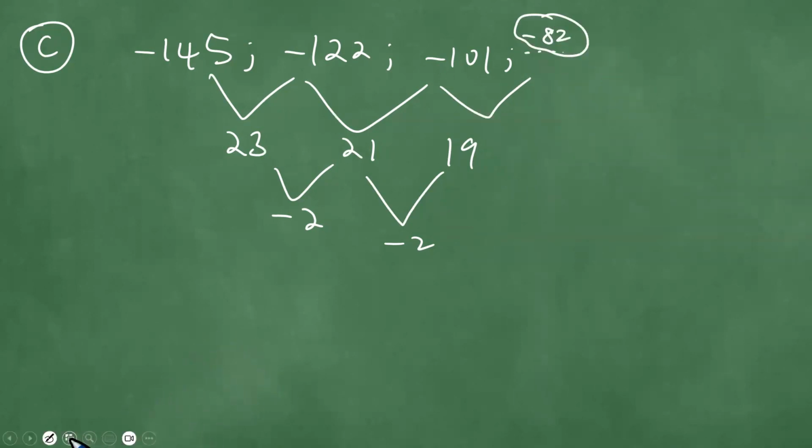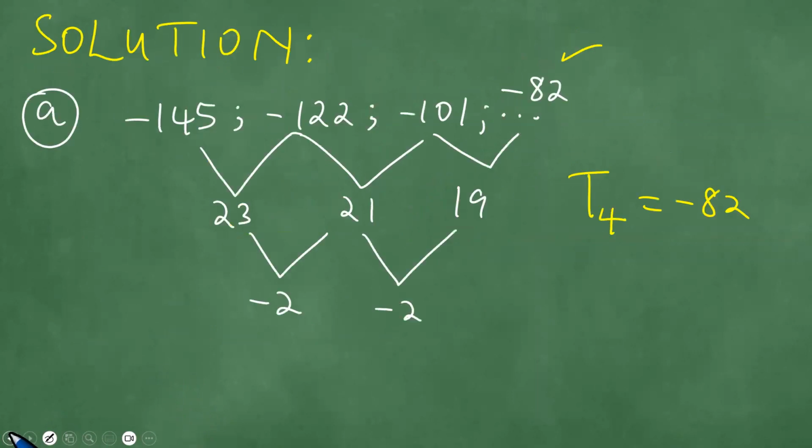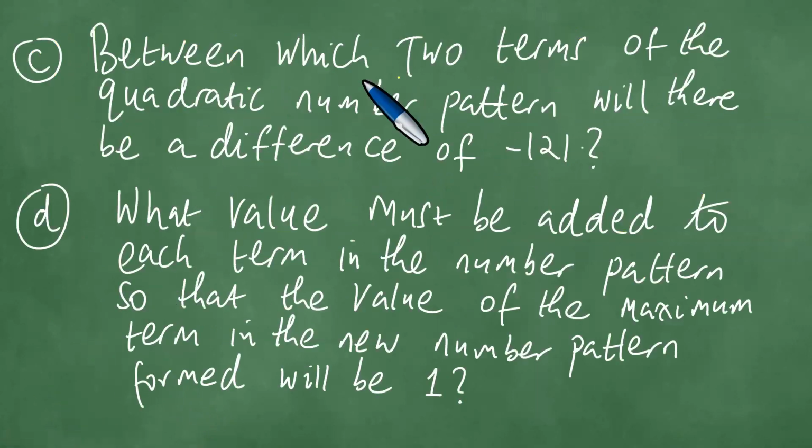Now let's think very carefully in terms of what this means and what the implications are of this, because it means a couple of things. But we want to know, according to this question, between which two terms of the quadratic number pattern will there be a difference of this?